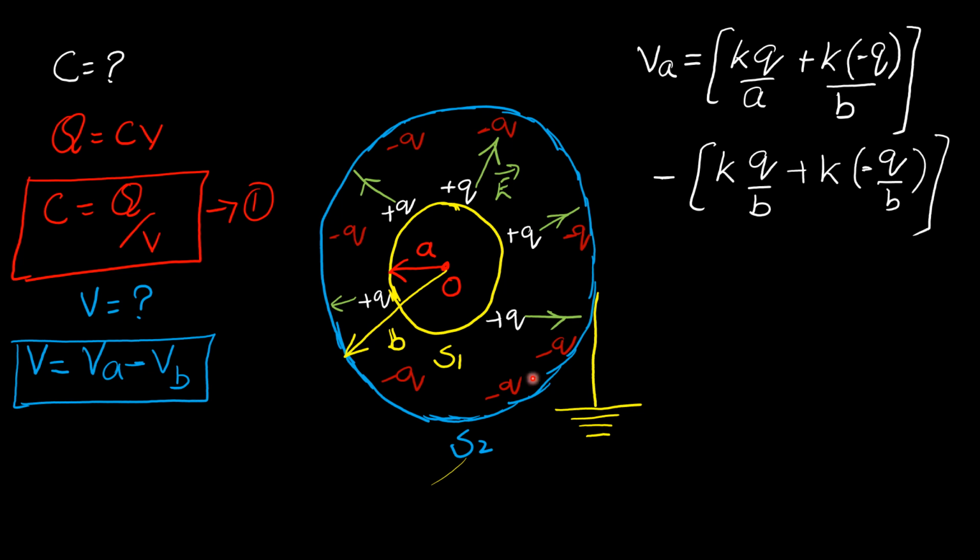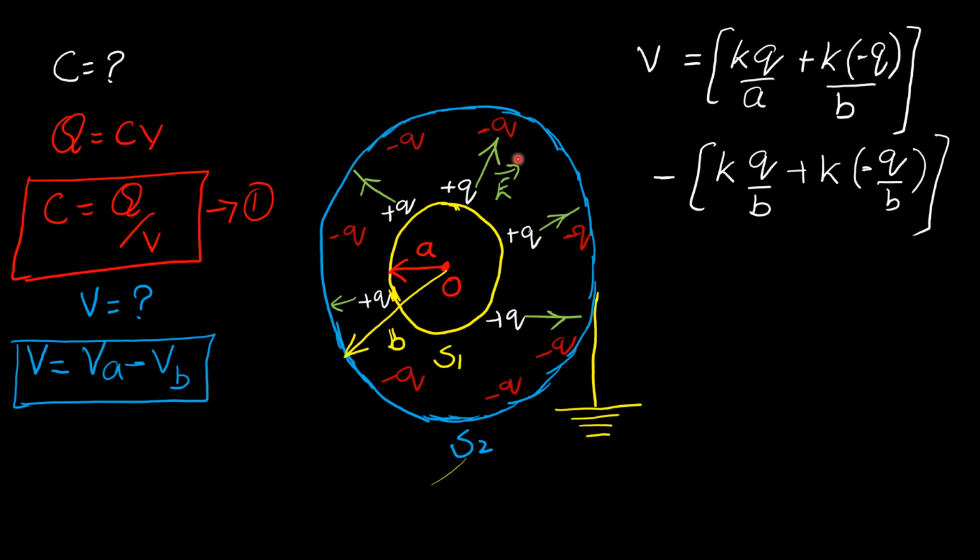So now, dear student, please keep in mind the VA potential. Sorry, let me clear it. The total potential is equal to the potential caused by sphere S1, so we can write the total VA potential. It is caused by sphere 1, which is KQ divided by A. This sphere has a charge, and this charge induces a potential on the surface.